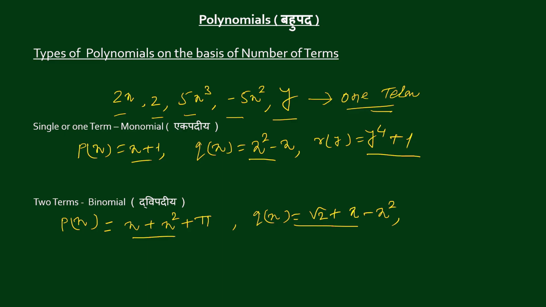So such polynomials are called as trinomials. So like this we can classify polynomials on the basis of number of terms also. So single term वाले polynomials को हम monomial कहते हैं. Polynomial जिसमें दो terms होते हैं उसको binomial कहते हैं और जिसमें three terms होते हैं उसको trinomials कहते हैं. So now let us come to degree of a polynomial.